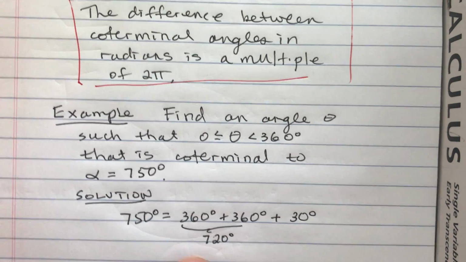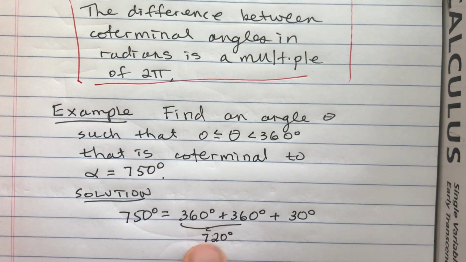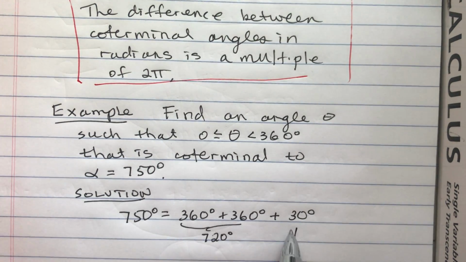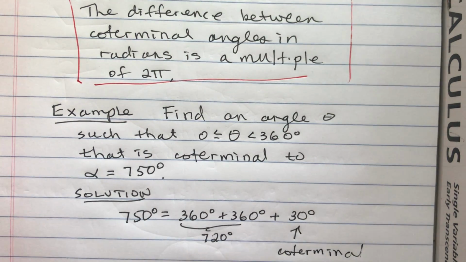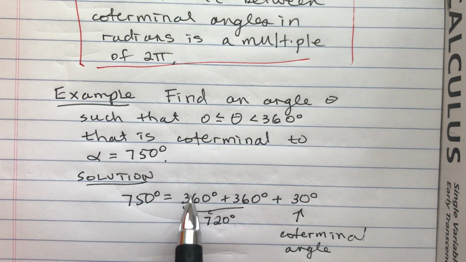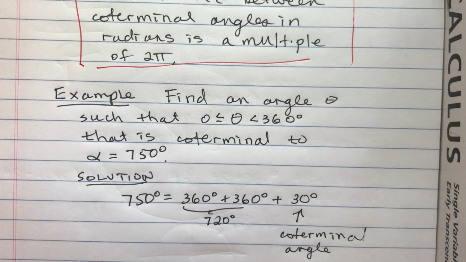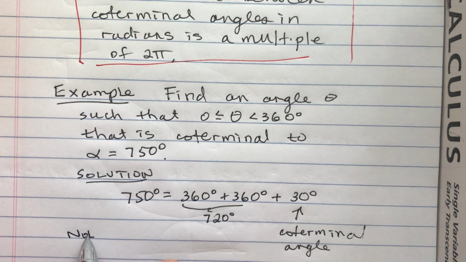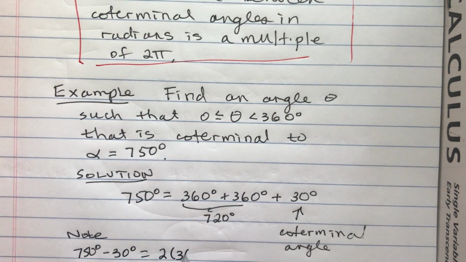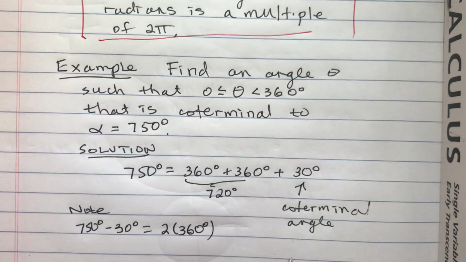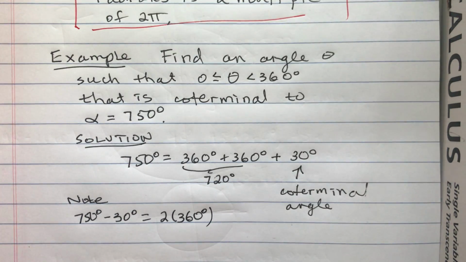Because this was a small number, and I made the problem, I could see that. But this is our coterminal angle, because each of these additions of 360 represents going around the circle one more time. And so you can note that 750 degrees minus 30 degrees equals 2 times 360 degrees. So that's an explanation why they are coterminal.